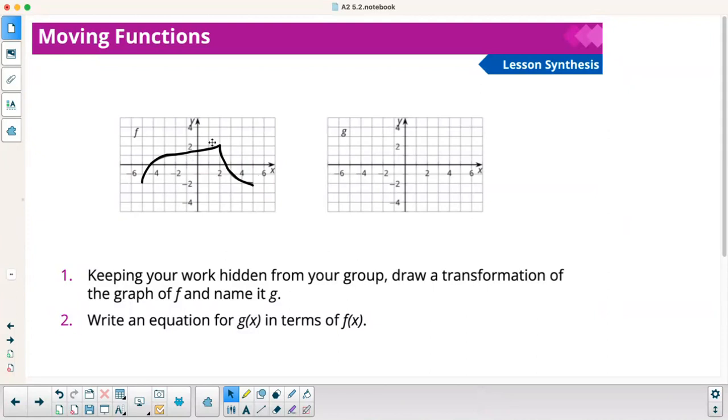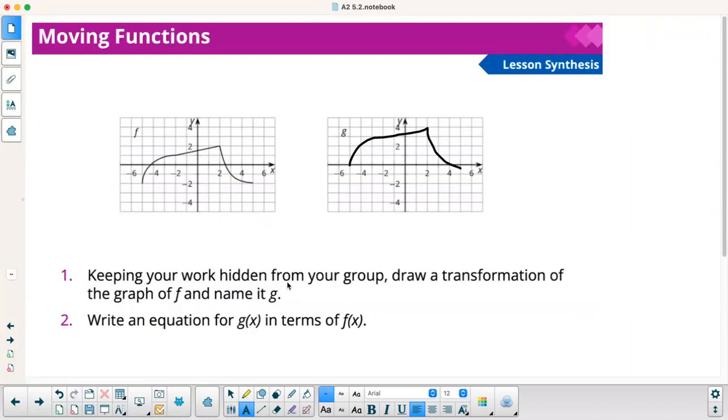If I want to go up 2, I'm going to pick this point right here and go up 2. So that point is 2, 4, so it would be right about there. So let's write that down. I translated F up 2 units.